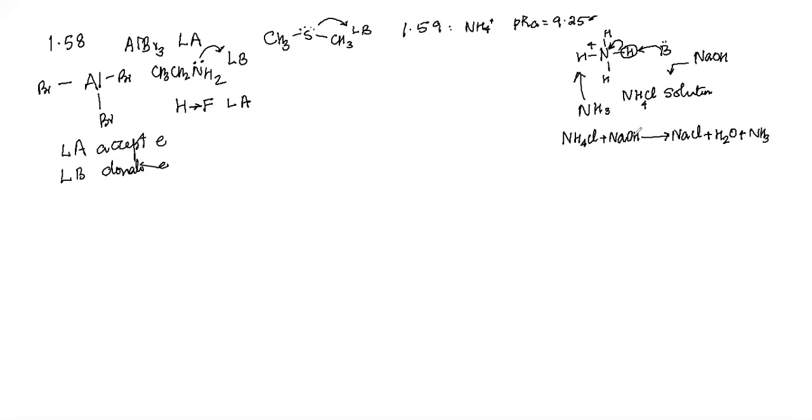At what pH will this reaction start? At 9.25 pH. That is the meaning of this. So pKa is the pH at which a particular proton can be removed from the system. Right?